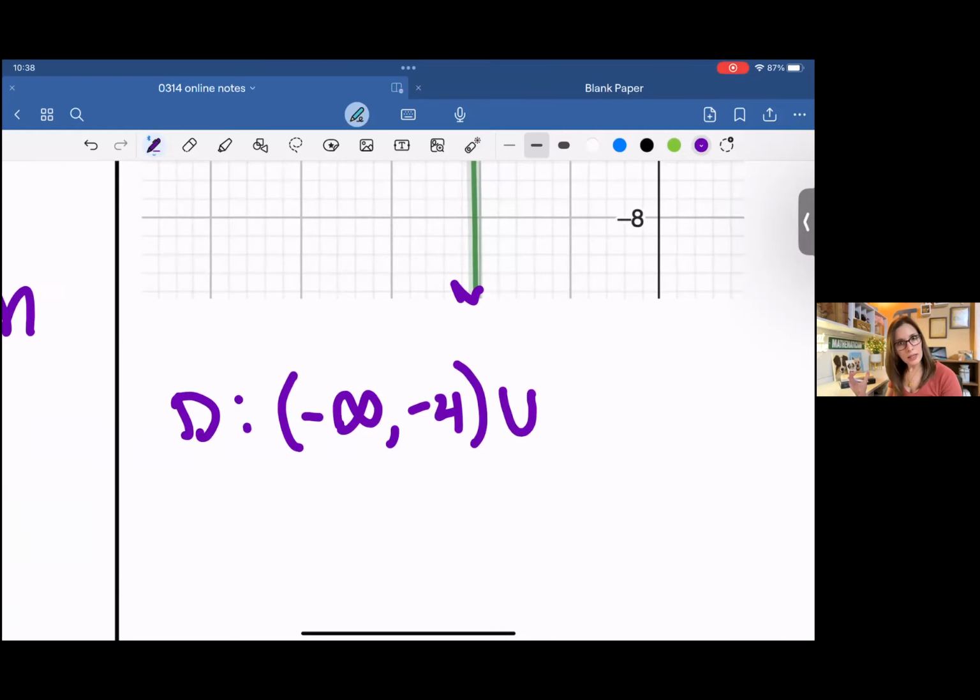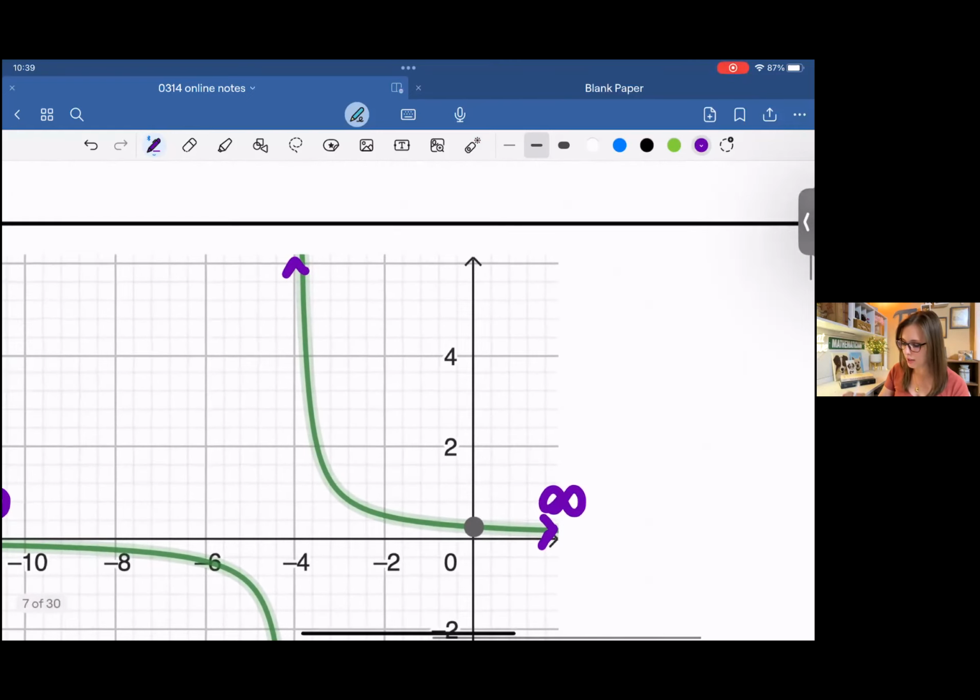So union means or: there's some more values over here and they go from -4 to positive infinity. And I have a parenthesis on -4 because again, on this side, it goes up really, really close to -4, but doesn't touch it. So I need to tell whoever's reading this that it's up really close. So parenthesis -4, and then it keeps going into infinity forever.